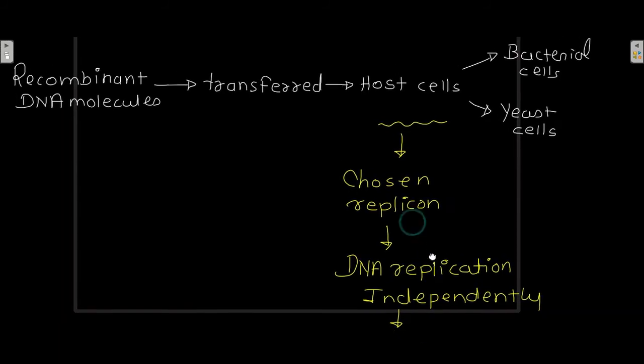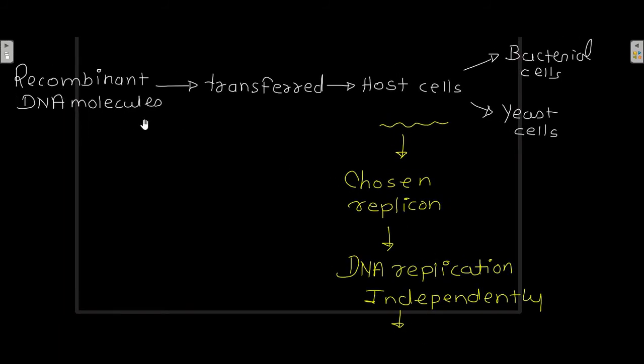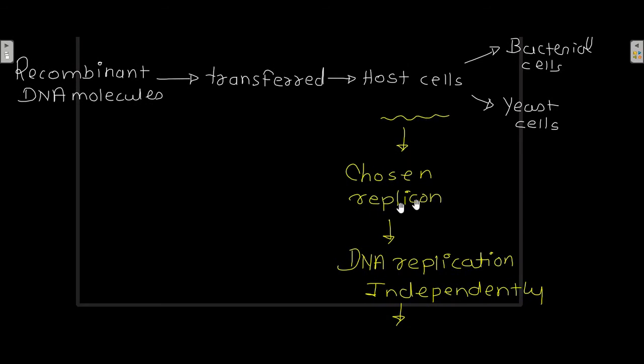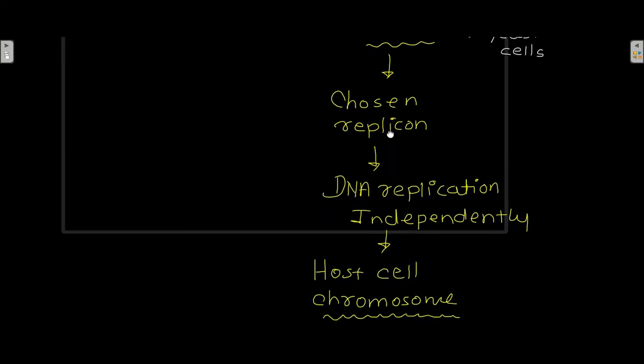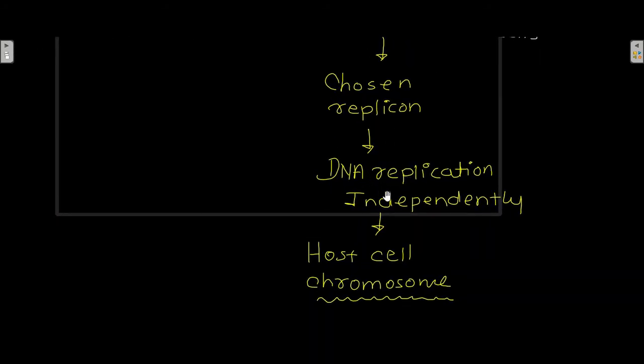The replicon of the recombinant DNA molecule transferred to the host cell undergoes DNA replication, and this replication is independent, that is, it does not depend on the replication of the chromosomes present in the host cell.